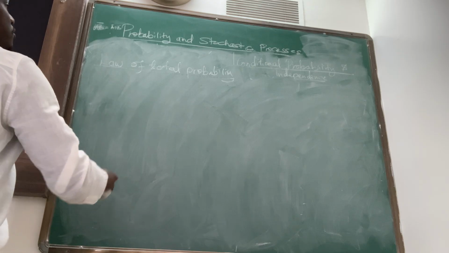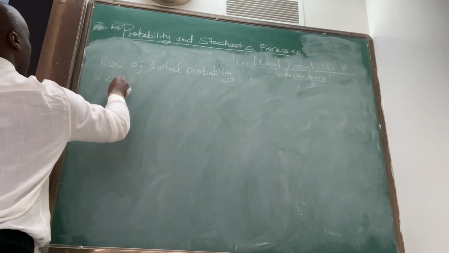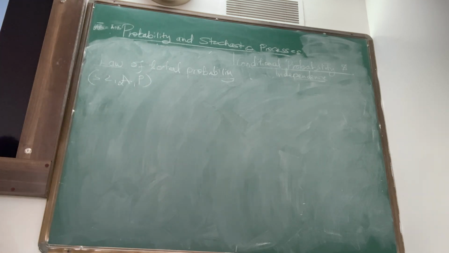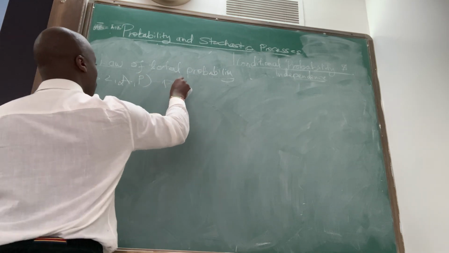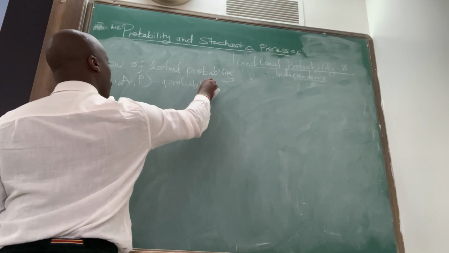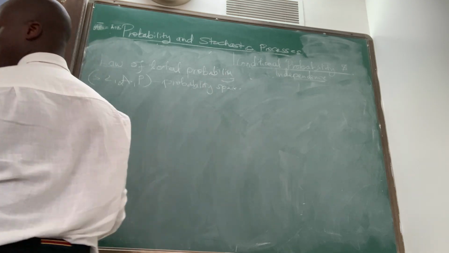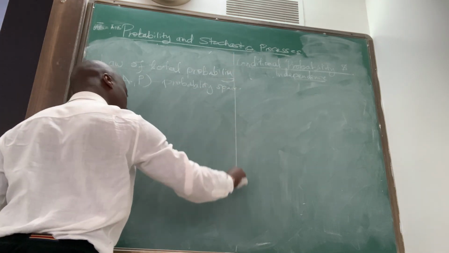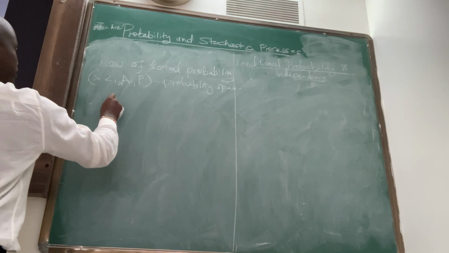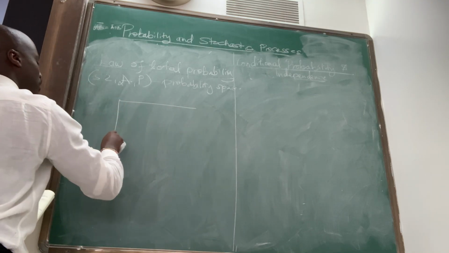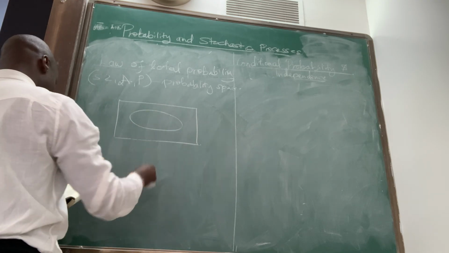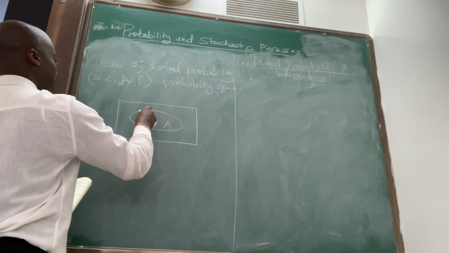So I'm going again to assume a probability space. Let me just use P without the extra notation, but just know that it is there. So I'm going to assume this is my probability space. I want to sketch here a rectangle, and inside this rectangle I'll have a circle called A, and I'm going to shade it.